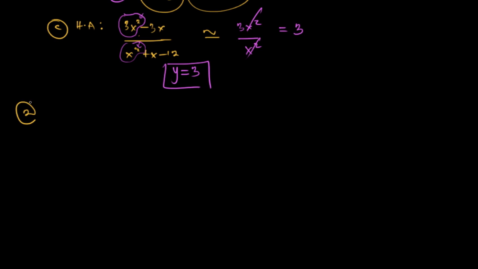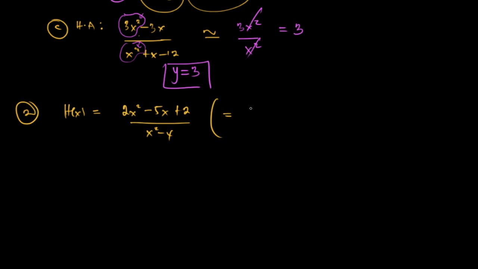Alright, now example 2, you're going to consider another rational function h of x equals 2x squared negative 5x plus 2 divided by x squared negative 4. Now, like we said, what you want to do is factorize this.